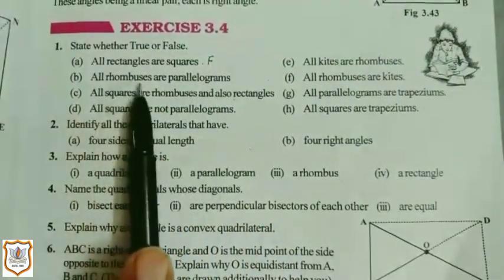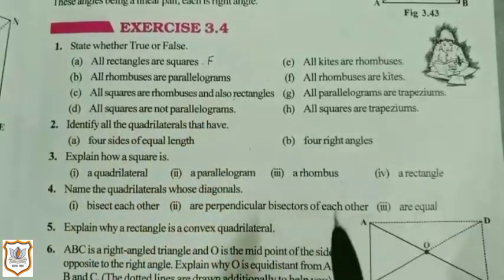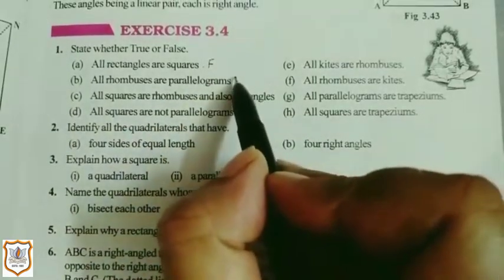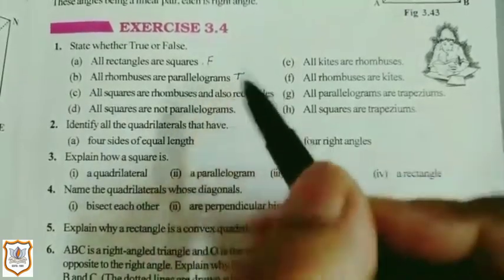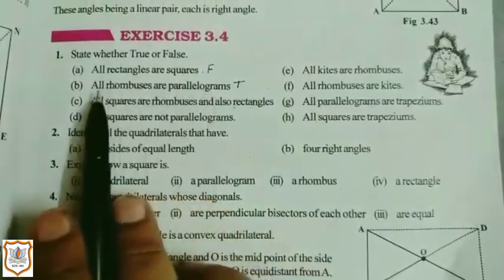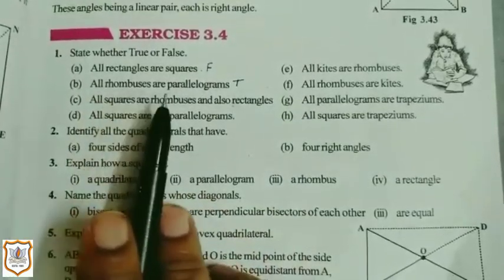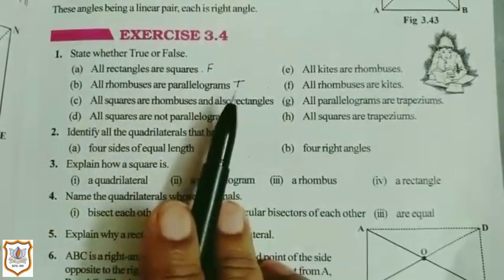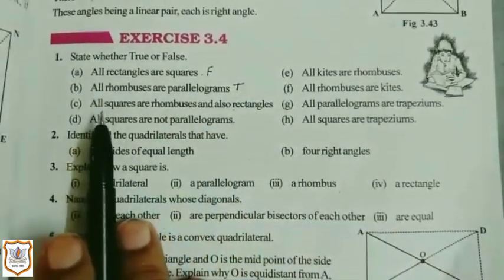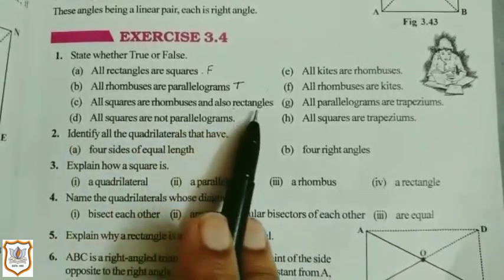Second, all rhombuses are parallelograms. This statement is true because in a parallelogram opposite sides are equal and in a rhombus opposite sides are equal. So this is true. Next, all squares are rhombuses and rectangles.